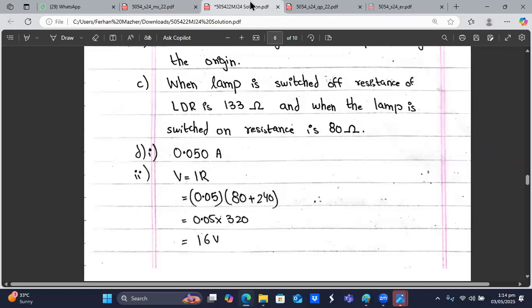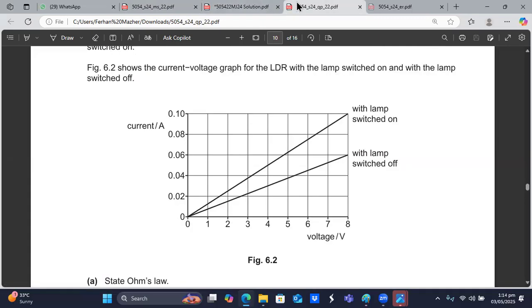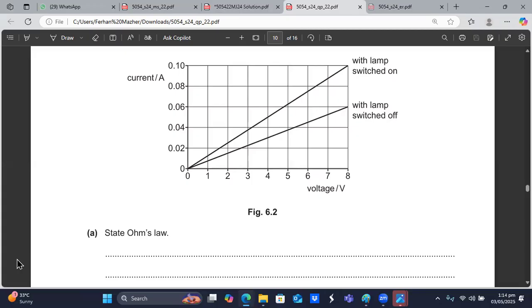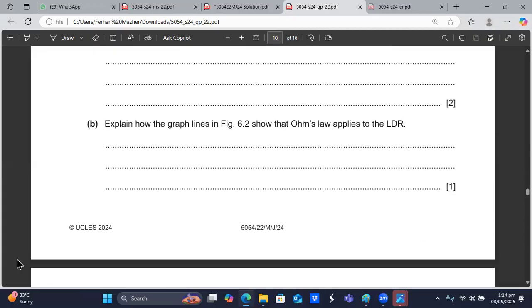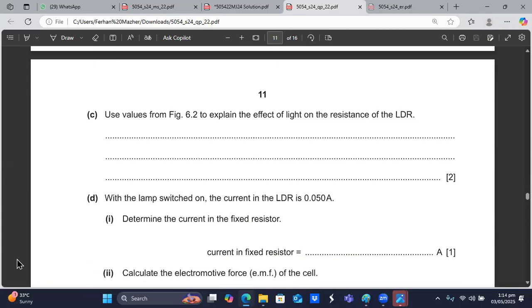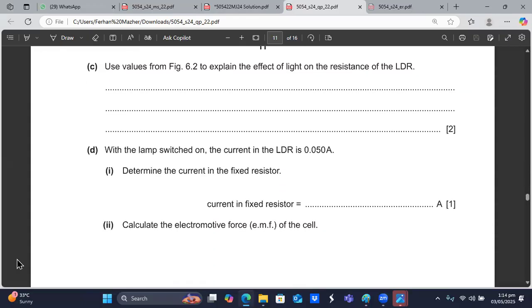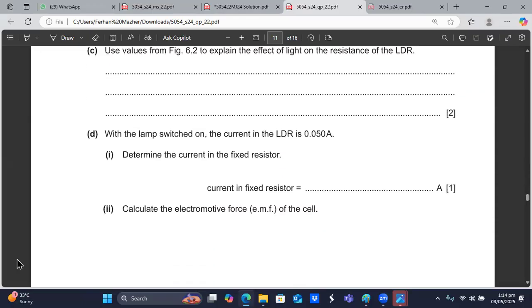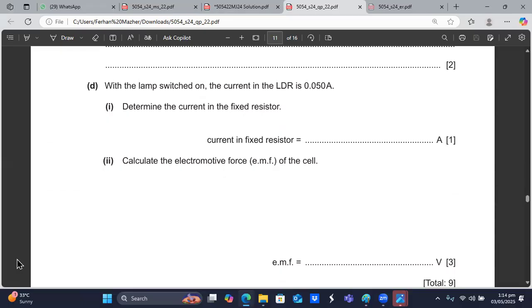Okay. The next part is question number 6, part D. With the lamp switched on, the current in the LDR is 0.050 ampere. Determine the current in the fixed resistor.